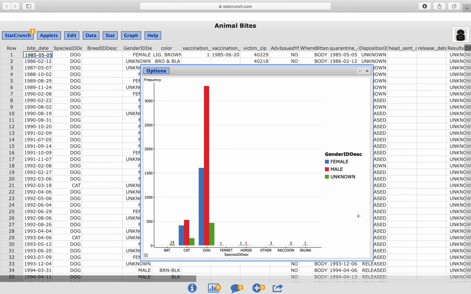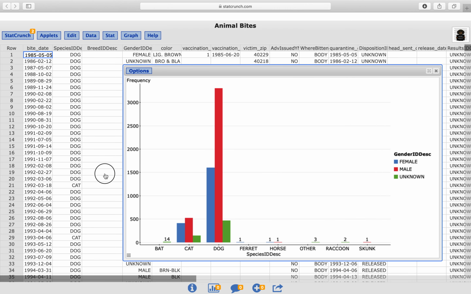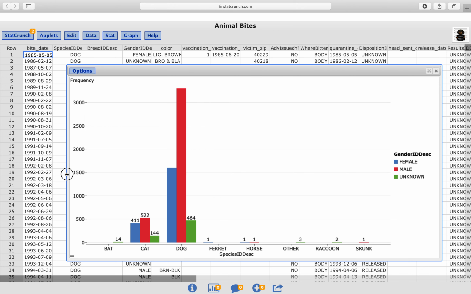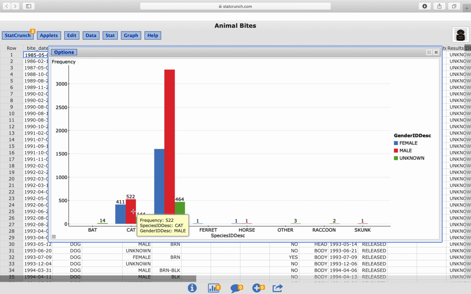We can see this tells us the counts for male and female. If you make it bigger, you can see the numbers over the columns. Our cats had 411 that were female and 522 that were male. These were pretty close, about 100 off between male and female.